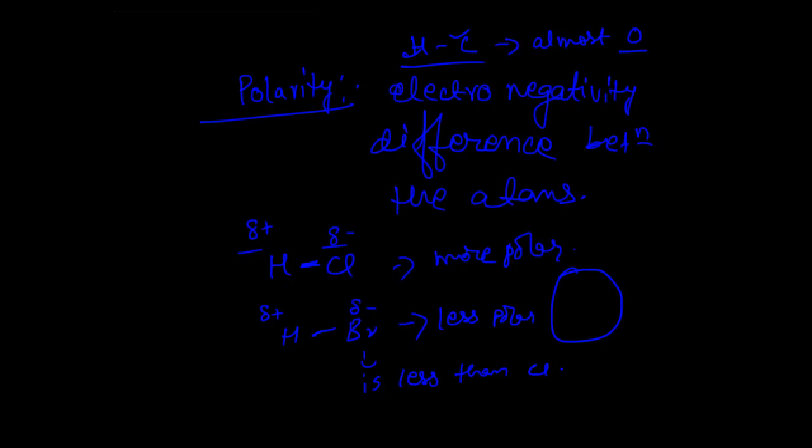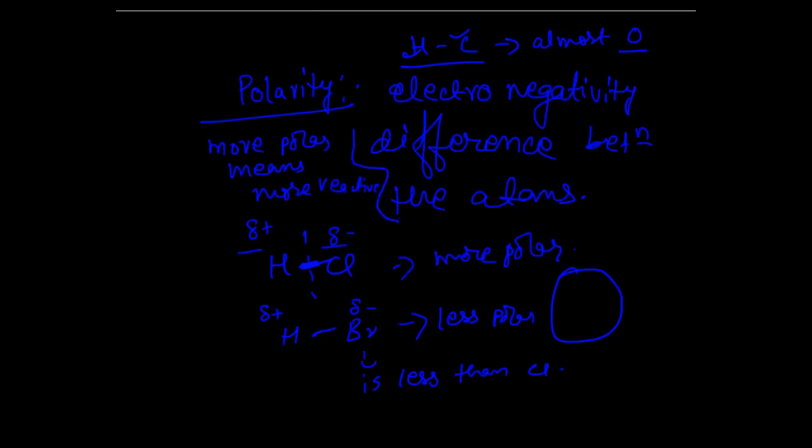Because polar molecules are more reactive. They can be easily broken down. Chlorine and hydrogen: since the electronegativity difference in this case is higher, this bond can be easily broken down. Hence, more polar means more reactive.